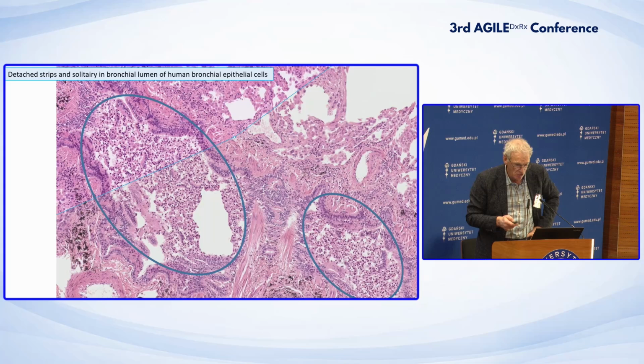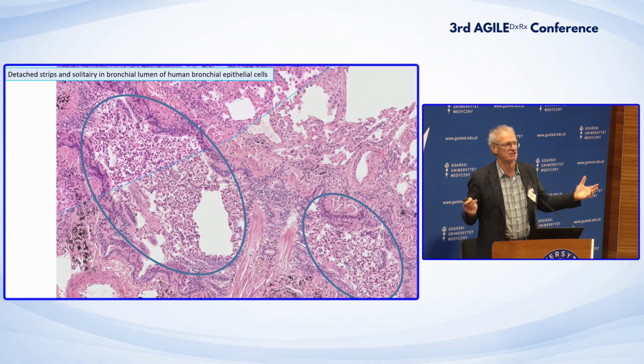Interesting for you also. And this is just an example of tumor cells in the blue ovals, which are detached from the wall and lying in the lumen.